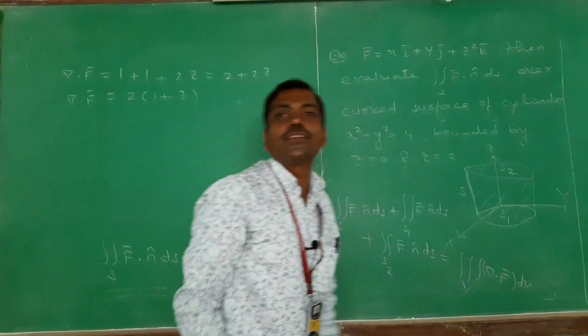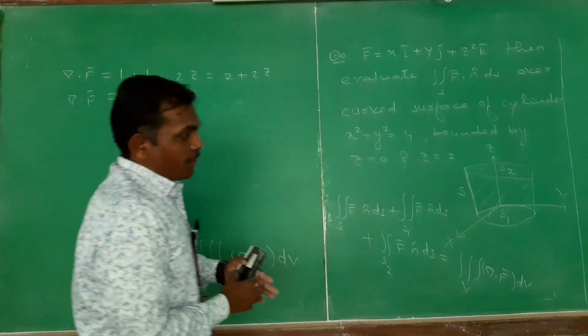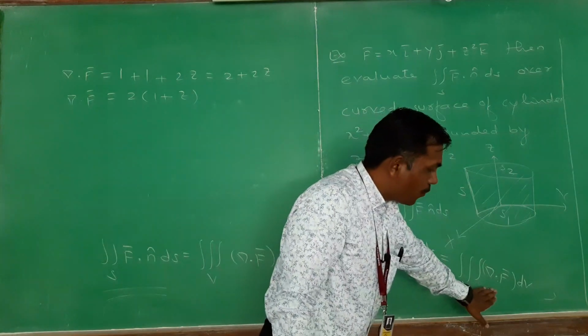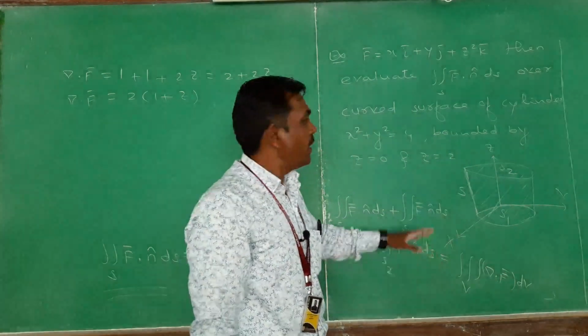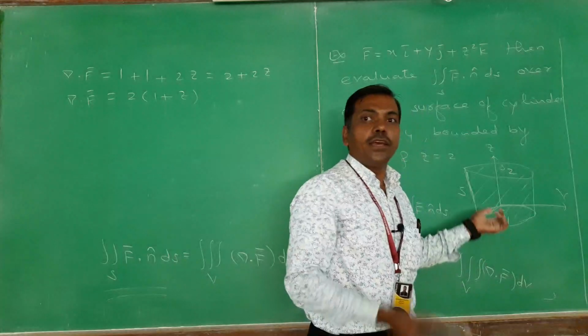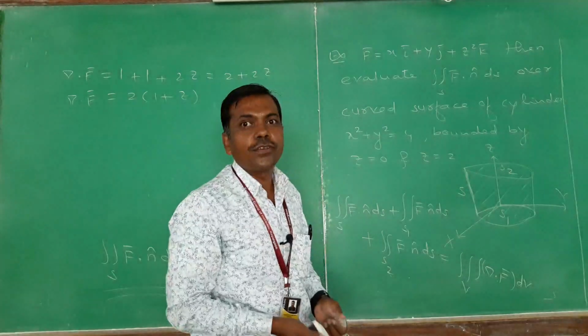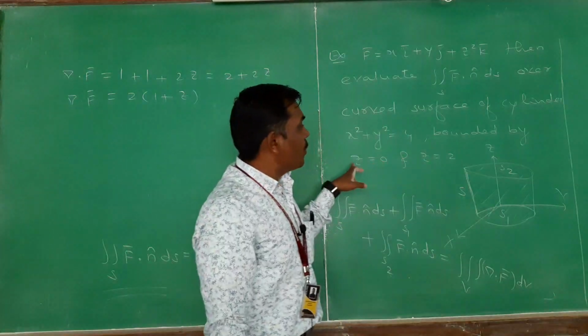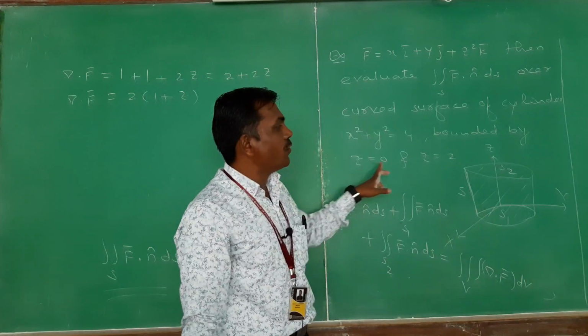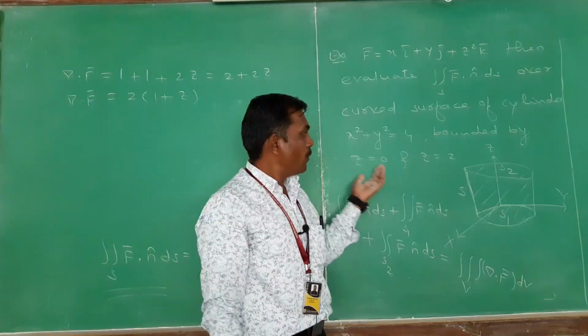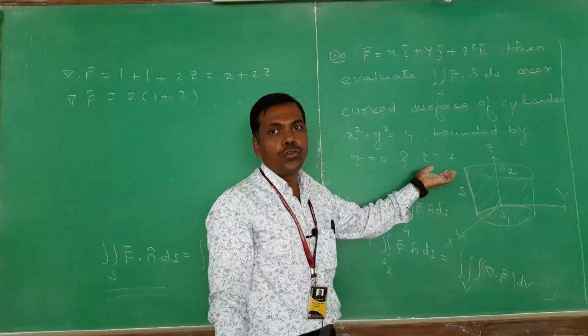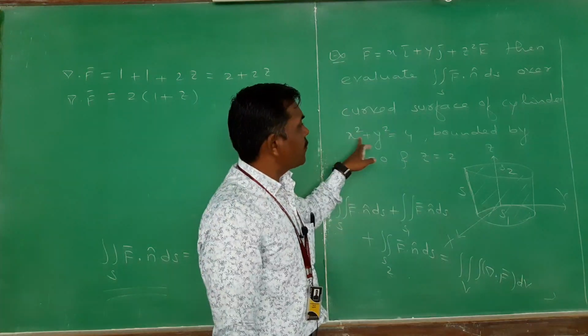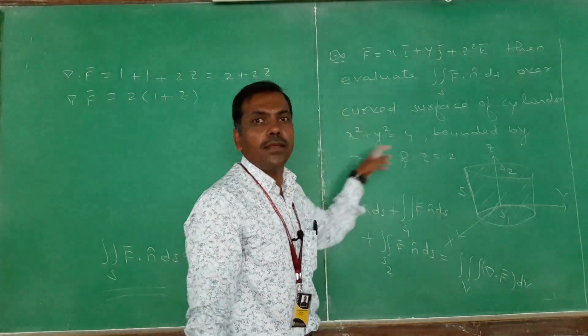Now the triple integration we have to evaluate. Whatever the surface is given, it is a cylinder. Either you use cylindrical polar coordinates or you can solve it directly because we know the value of z. Limit of z is given, z equal to 0 to 2, and the remaining part is x square plus y square equal to 4. It is a circle.